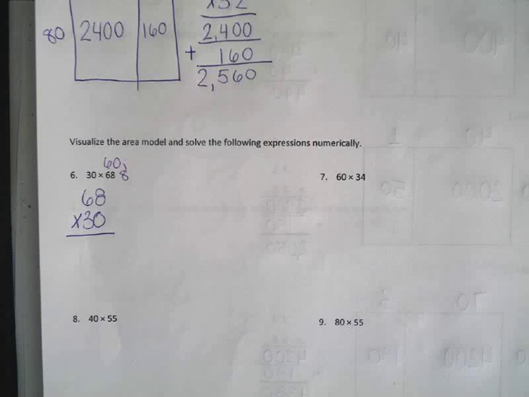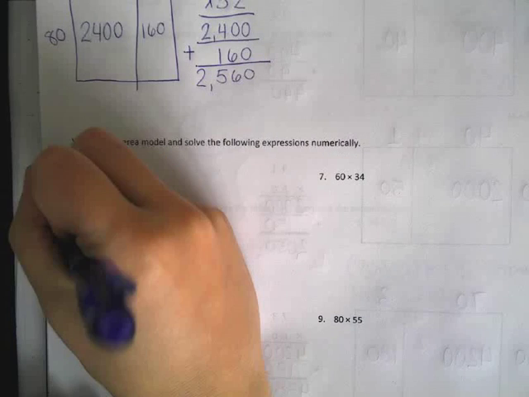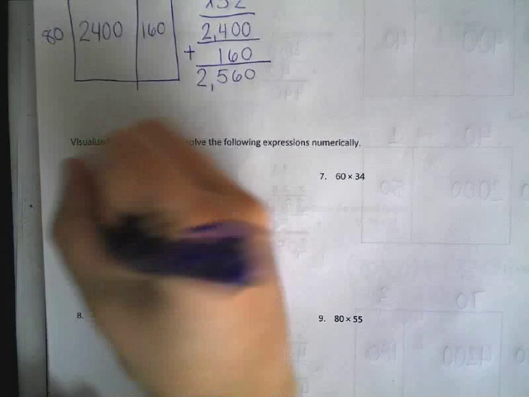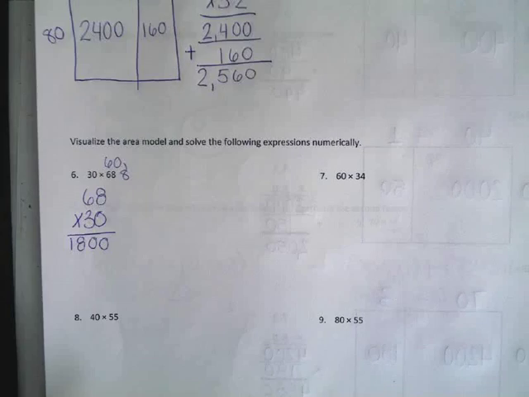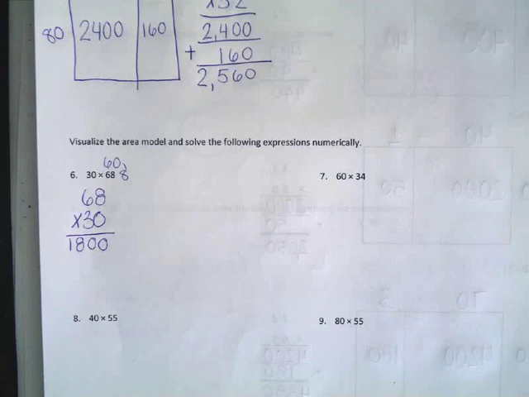Oh, I see lots of hands going up. Garrett, what would I do first? 3 times 6. Okay, or 30 times 60, right? 30 times 60. And we know that 3 times 6 is 18. How many zeros would I add? 2. All right, and then what would I do next?